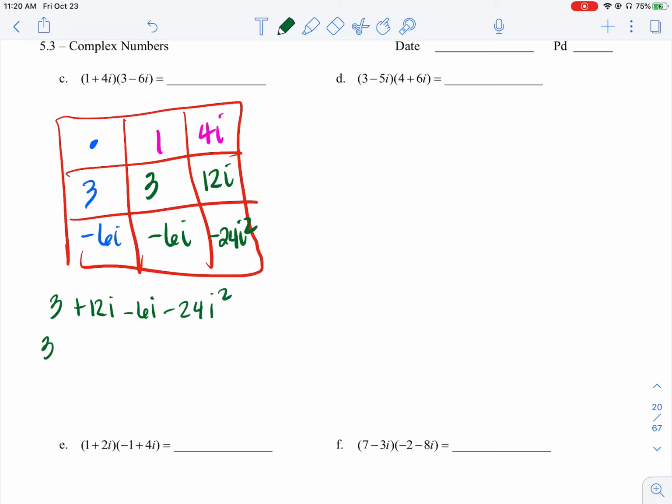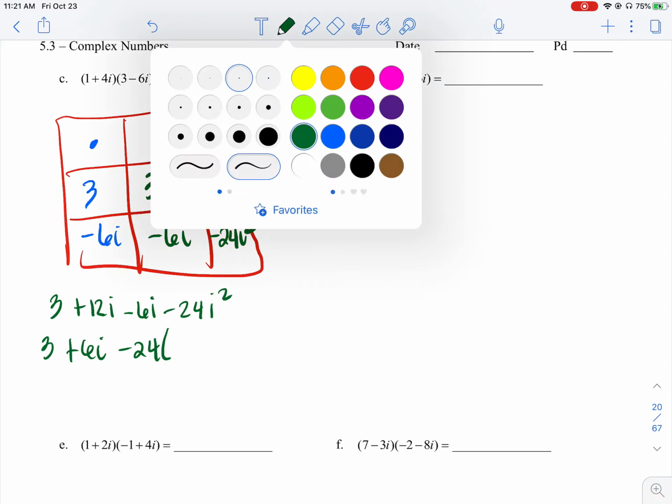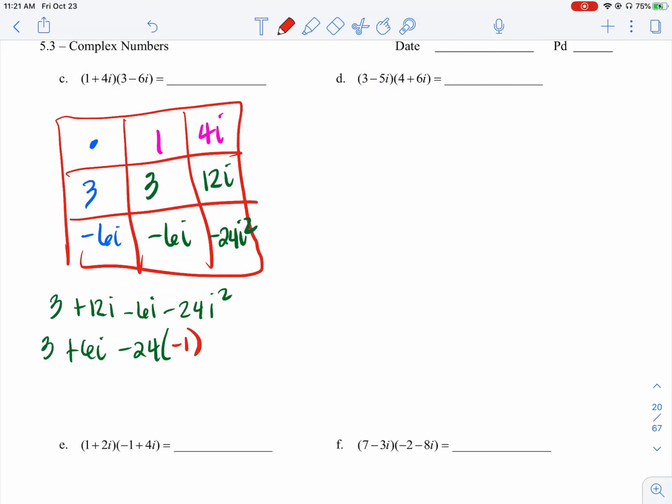And then I think I can combine these now, right? The 12i minus 6i, of course, that's just positive 6i, minus 24i squared. And remember, i squared is a negative 1.